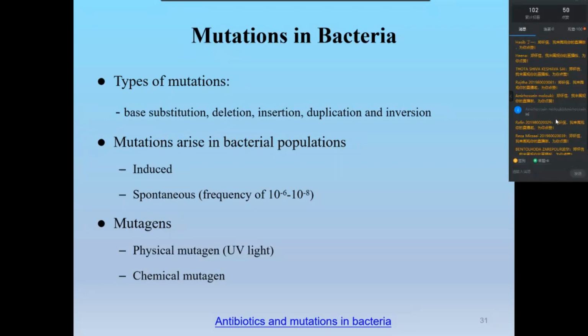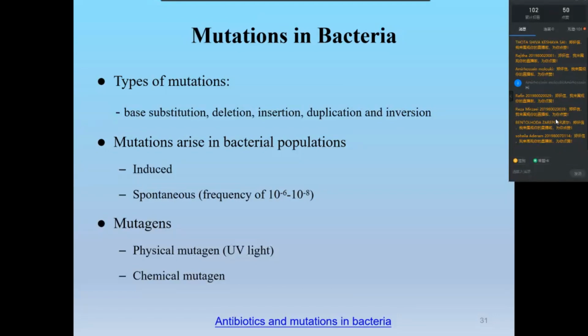Mutations in bacteria. There are a lot of types of mutations, and keep in mind that this mutation means a lot. Any form of change on the DNA can be defined as mutation. For example, base substitution. We know that the DNA sequence is due to the base sequence ATCG.